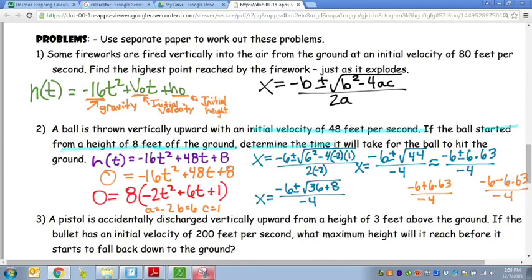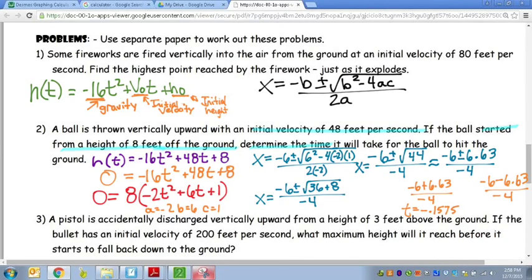Here we go. So negative 6 plus 6.63 divided by negative 4 gives me an answer for time of negative 0.1575. Okay, so that's for that one.